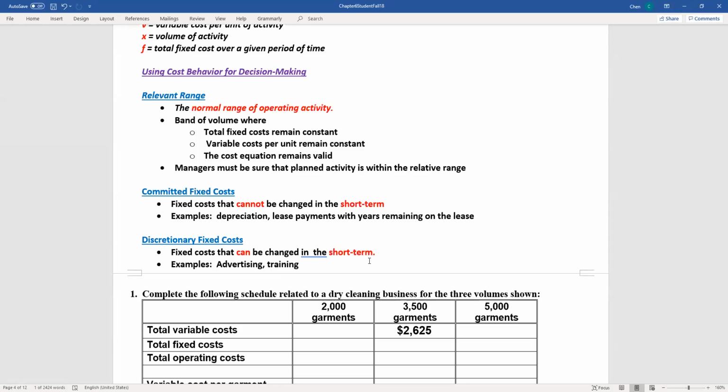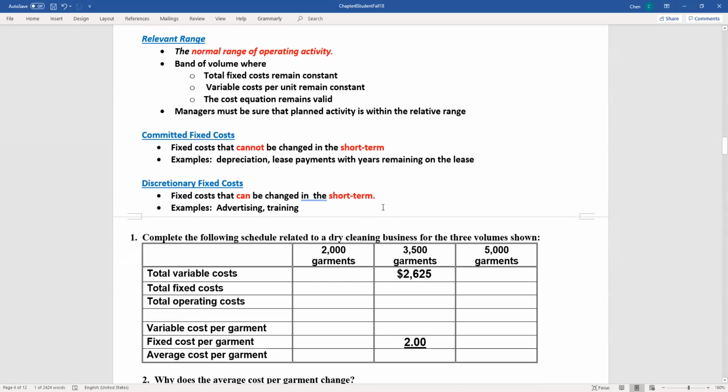So first thing you keep in mind is that you will have a relevant range, and you must be sure that the planned activity is within the relevant range. Otherwise it's just not a valid analysis. And committed fixed cost cannot be changed in the short term.